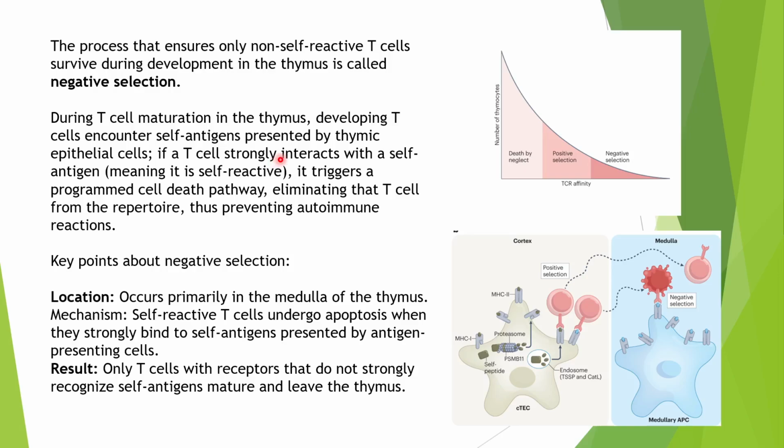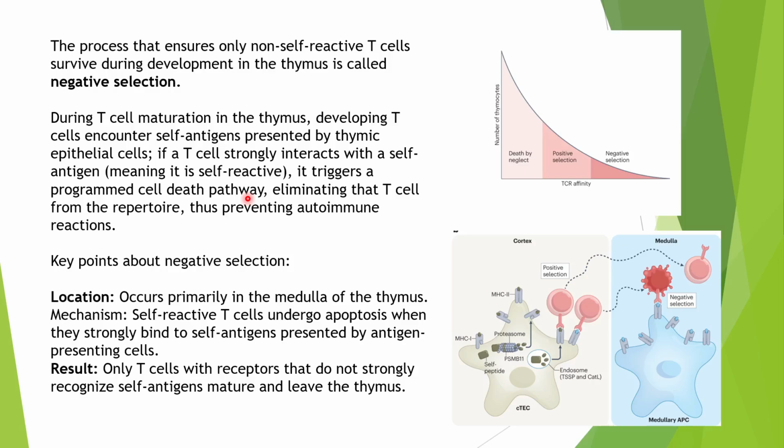If a T cell strongly interacts with a self antigen, that is, it is reacting with the self antigen, so it is self-reactive, it triggers a programmed cell death pathway, eliminating that T cell, because it should not interact so strongly with a self cell, a self antigen or a self MHC. If it is interacting very strongly, it has to be immediately eliminated, otherwise it will cause self damage. So this kind of T cell will now be eliminated.